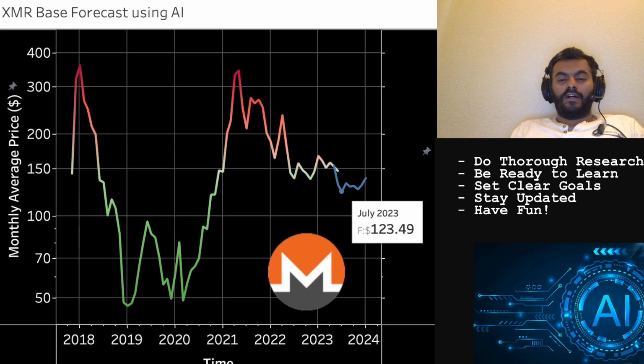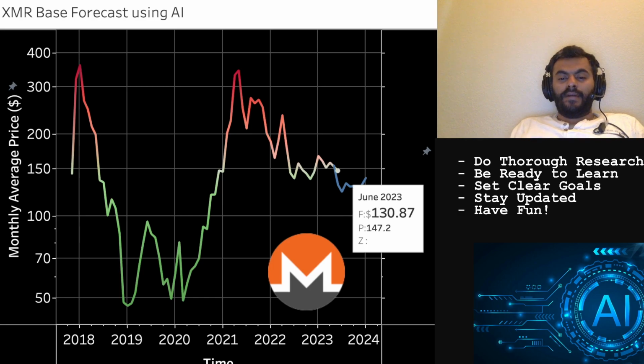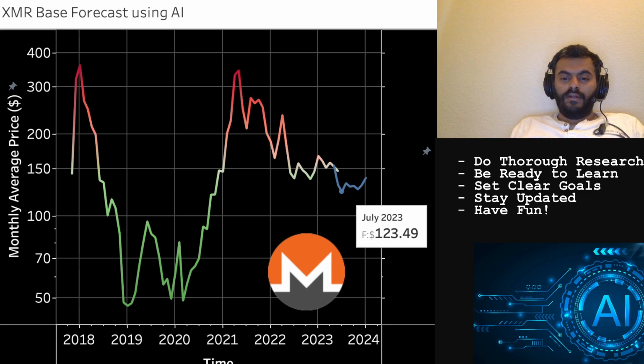So for July, the forecasted price at a base level, this is the first scenario that I would like to discuss, is 130.23 USD, which is about 10 to 20% lower than the month of June, although we are almost at the end of July, and this is slightly more bearish than the actual price that we saw in July.